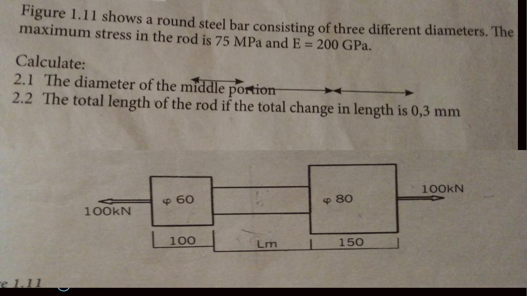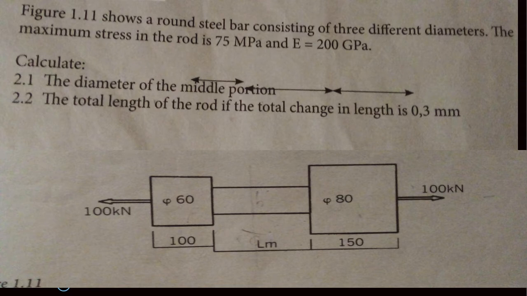It will occur on the portion with a minimum diameter, because minimum diameter will mean the minimum area of the cross section, and the smaller the area, we know the larger the stress will be, meaning the maximum stress will occur on the middle portion.